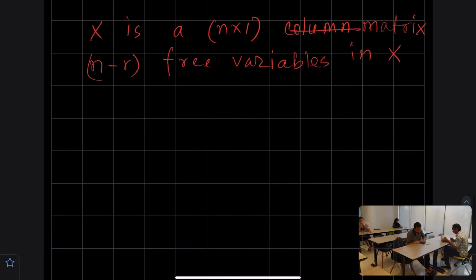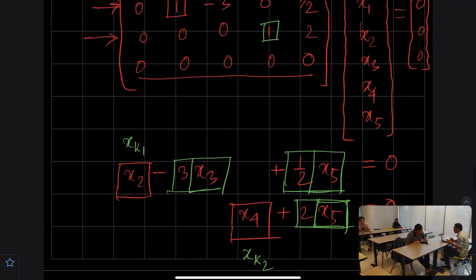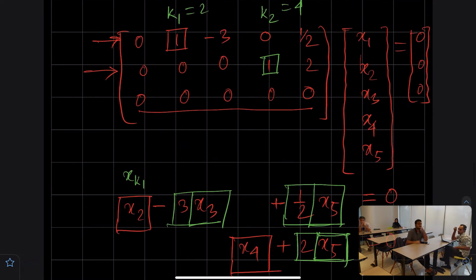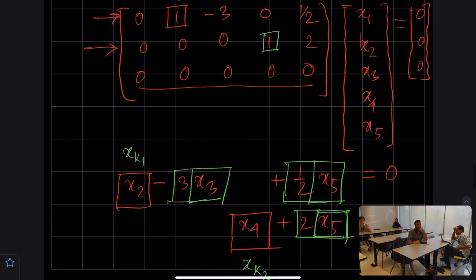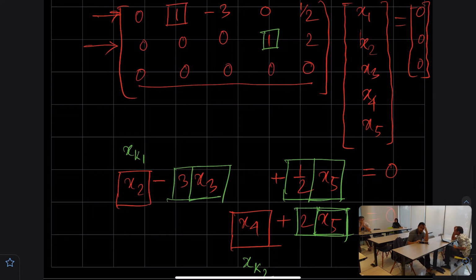So I recommend that you go back to the example that you gave. Can you identify the free variables in this case? x3, x5. Is there anything else? What about x1? That is also a free variable.